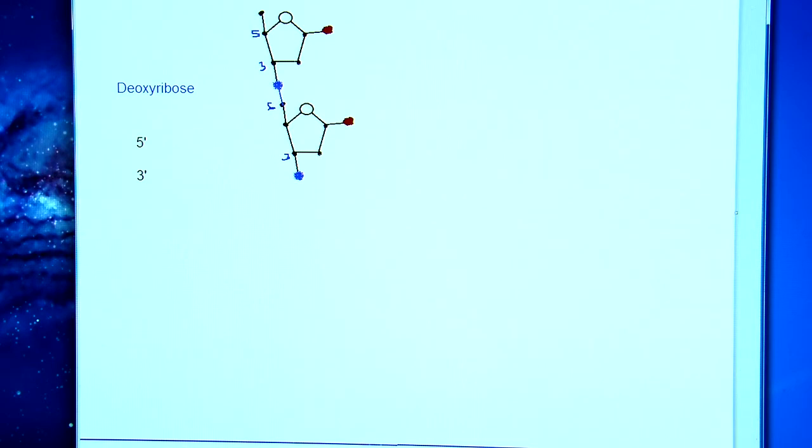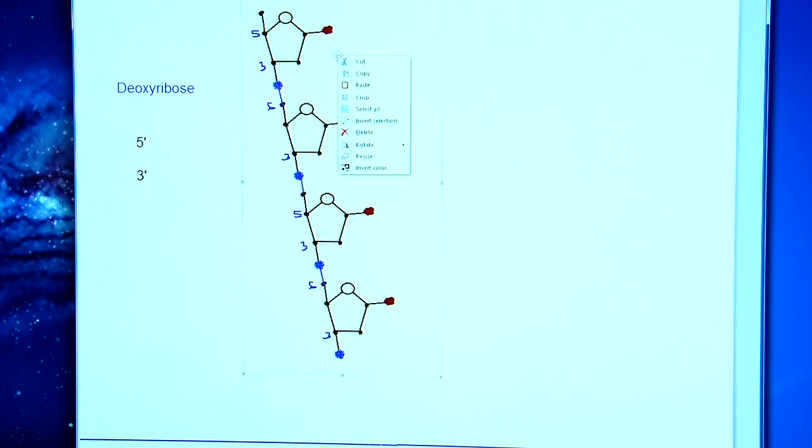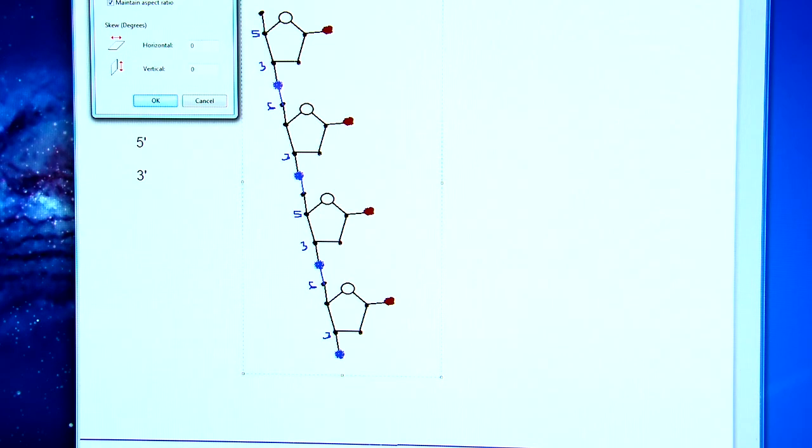Now, if I were to take this and make copies of it, in effect grow the strand, essentially create a polymer, I'll make it a lot smaller so I can add more, so you can get a full effect. Let me reduce it by 50%.